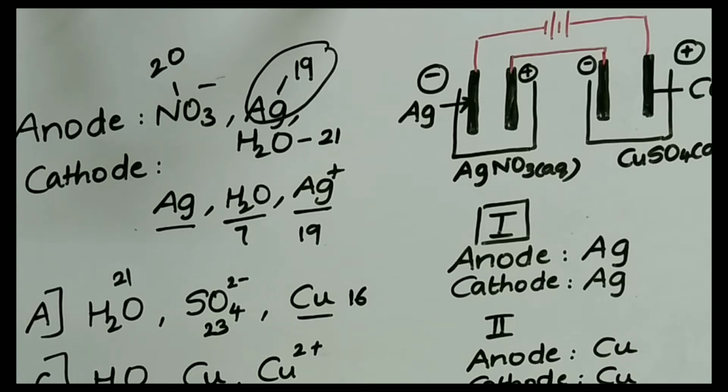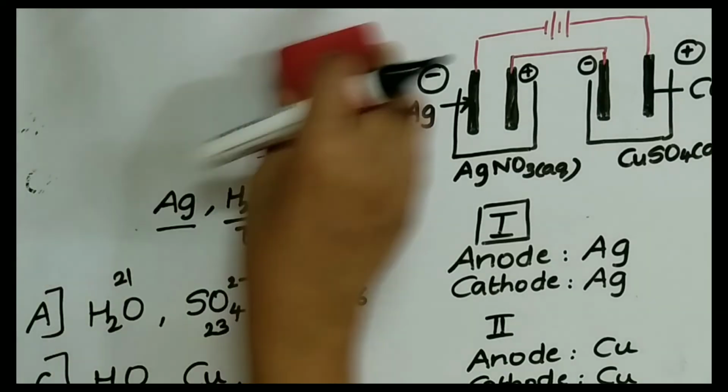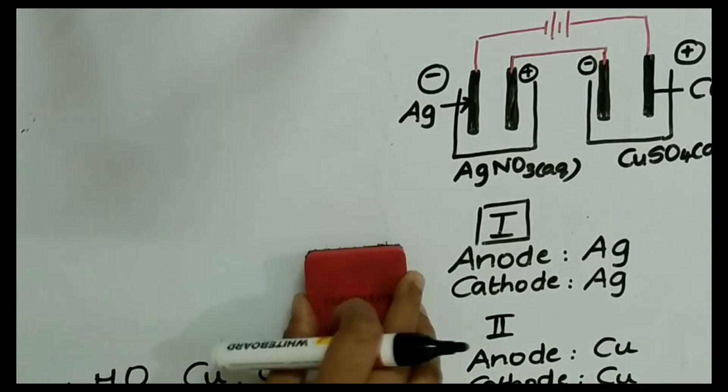Right. So you can see here at anode and cathode in the first cell, Ag is the product, silver. In the second cell at anode and cathode, copper is the product formed, correct. What we are doing here, we are proving Faraday's second law, okay. Now let's apply the law.